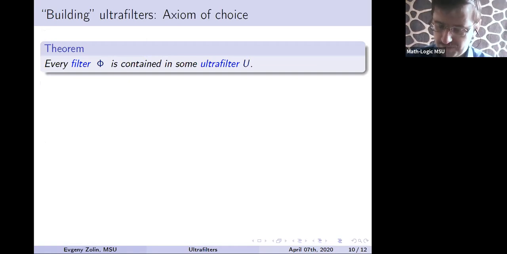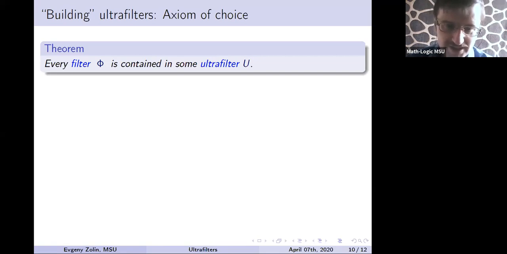We first start with some collection of sets that has the finite intersection property. Then this collection must be contained in some filter, and this theorem says that a filter will be contained in some ultrafilter. This is the main method of building ultrafilters with the desired properties, with some sets that we need.